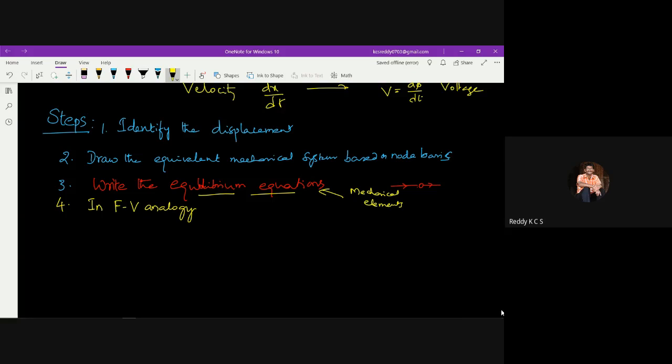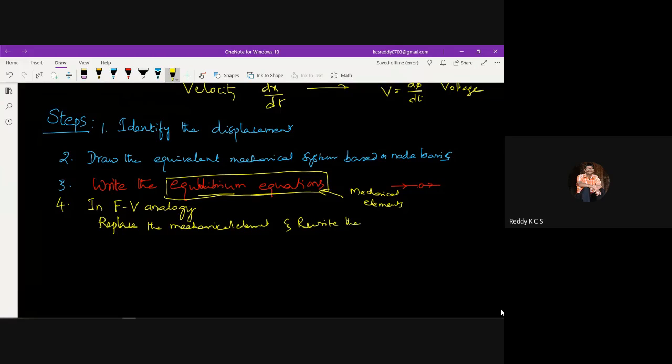So if it is the FV analogy, replace the mechanical elements and rewrite the equation. Say there is F; what is the equivalent term we are going to replace it with? That is voltage.